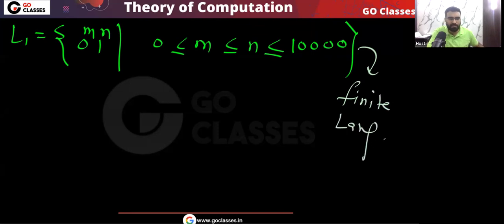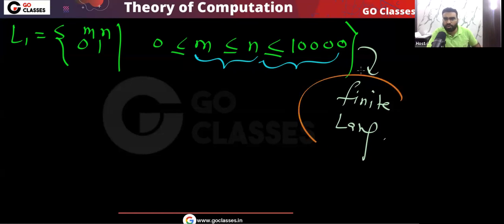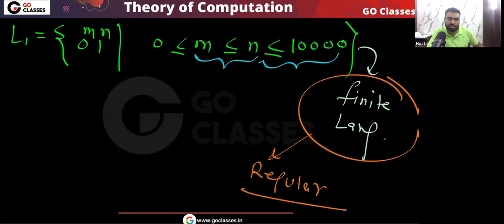How many strings are there? We have a finite number of strings, because remember m is less than or equal to n, and n is at most 10,000. So this value can be maximum 10,000. You can easily see that this is a finite language. Every finite language is regular. Yes or no? So this language is also regular.